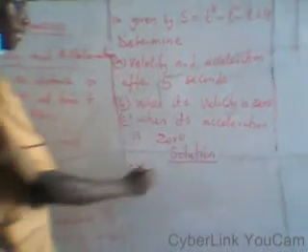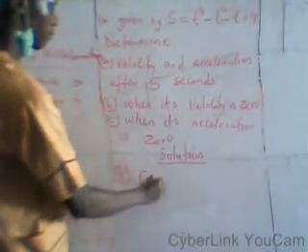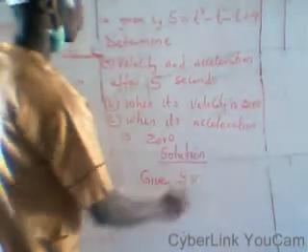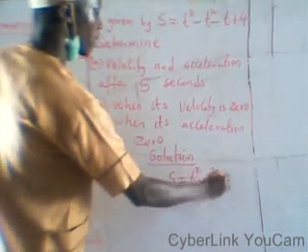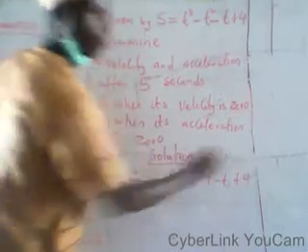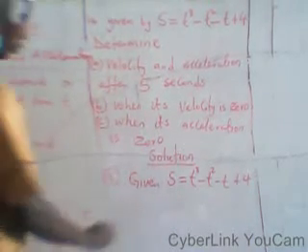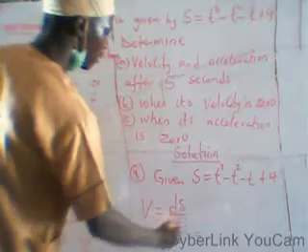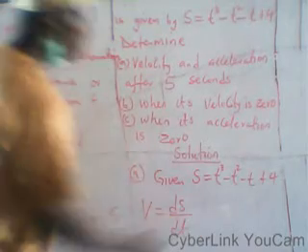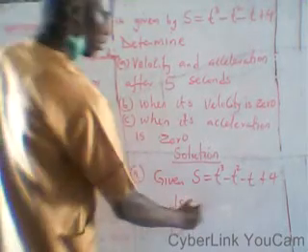We are given that s is equal to t raised to power 3 minus t squared minus t plus 4. So we know that our velocity is equal to ds over dt, that is the rate of change of body displacement or distance with respect to time.